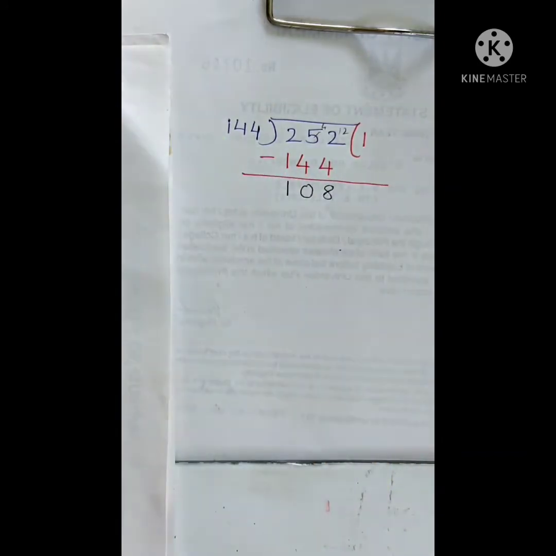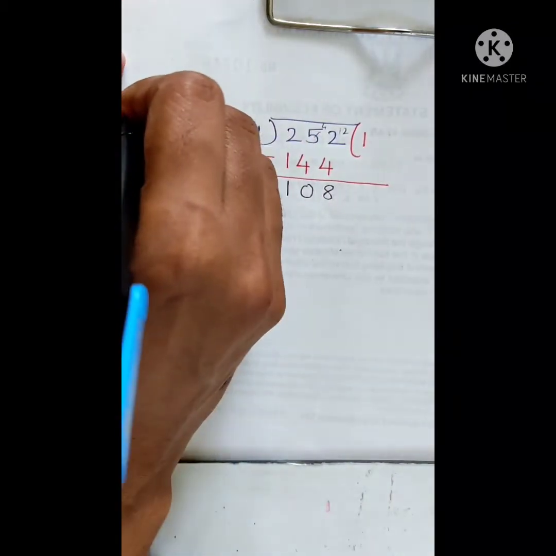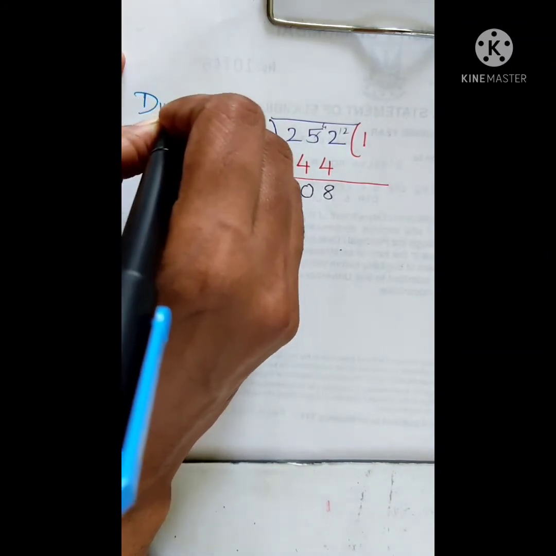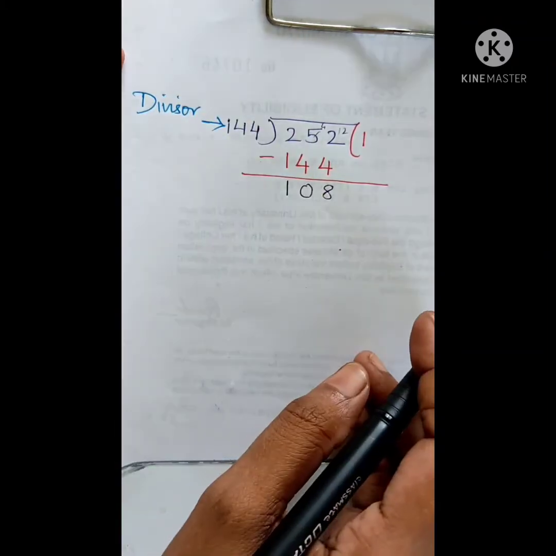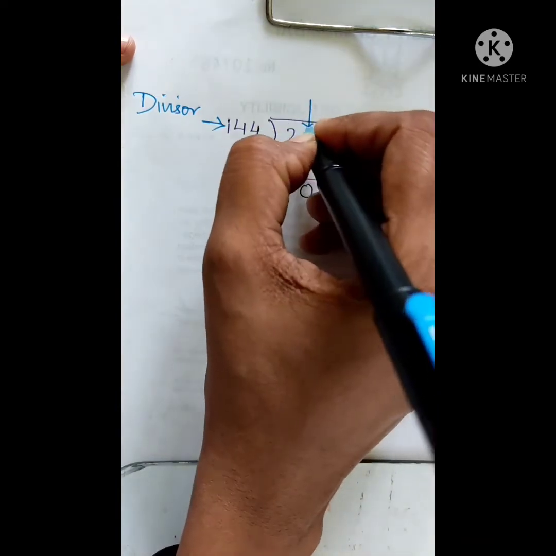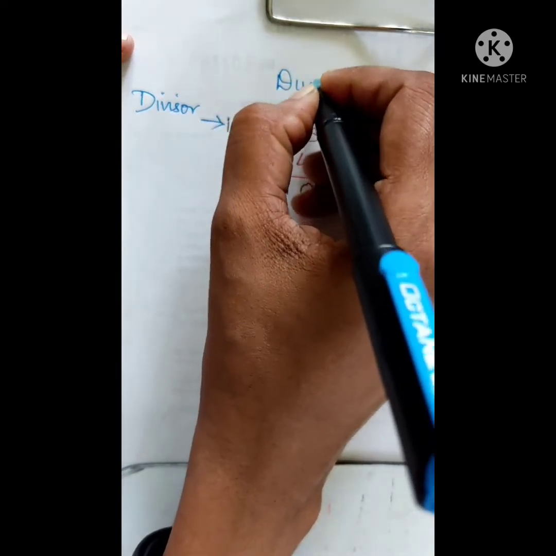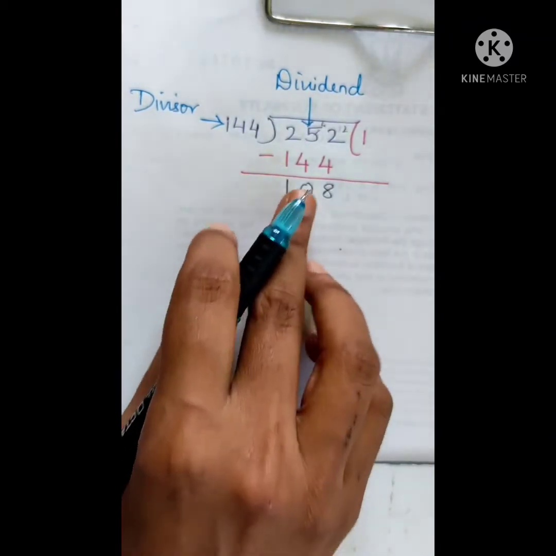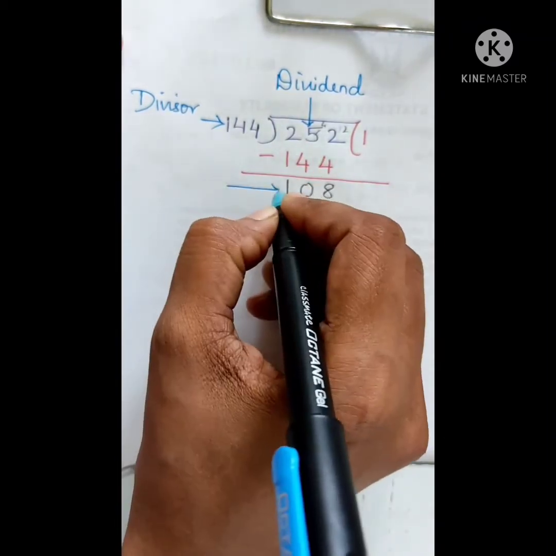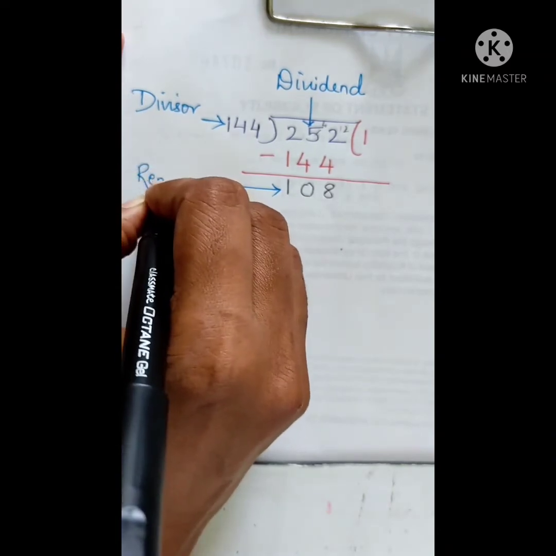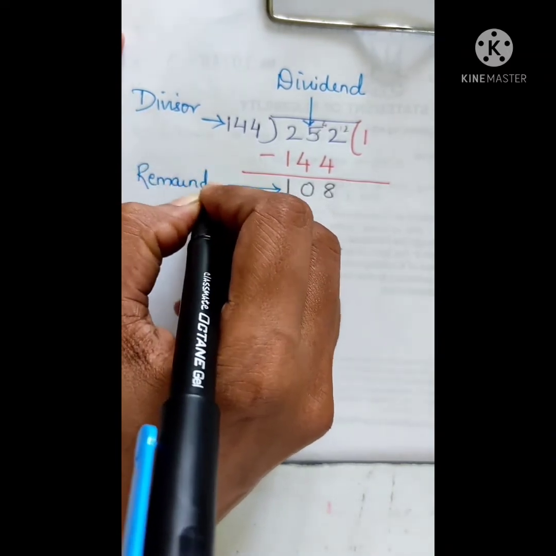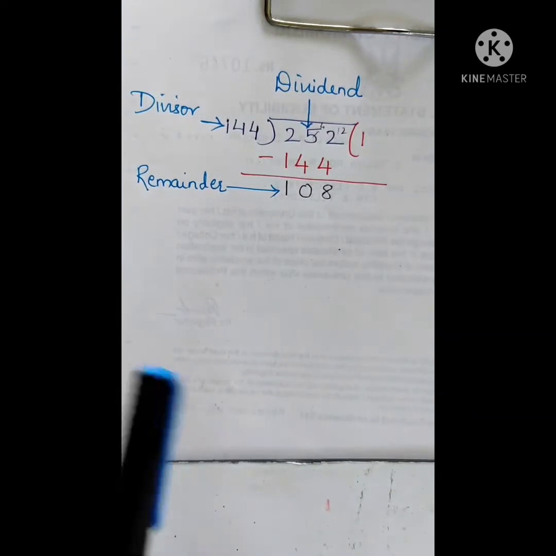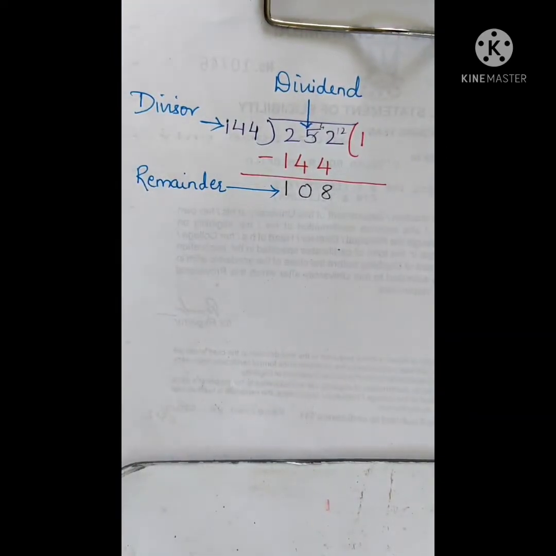So now in this question, 144 is your divisor, then 252 is your dividend, and this 108 will be your remainder. So this is what we know as the basic for division. Now the first step is over.